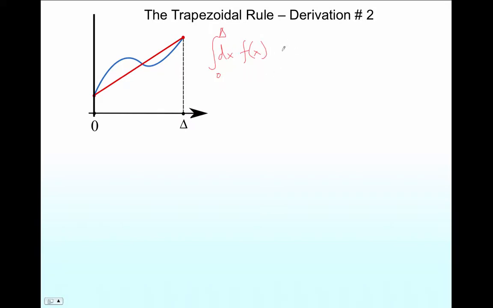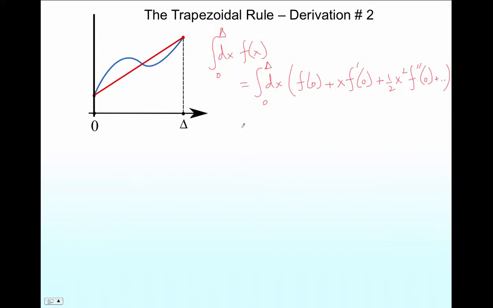So this is the integral dx from 0 to delta, and now f of x is f of 0 plus x times f prime at 0 plus half x squared f double prime at 0, etc. And I'm just going to stop here at the second order.